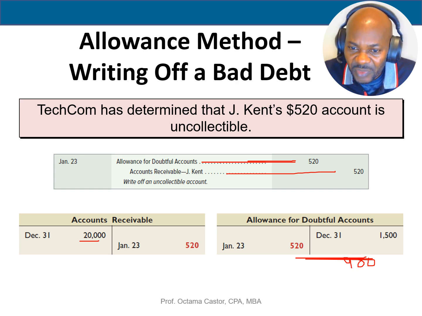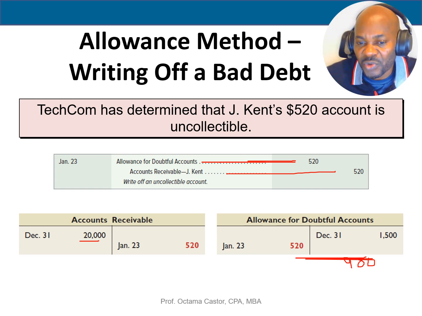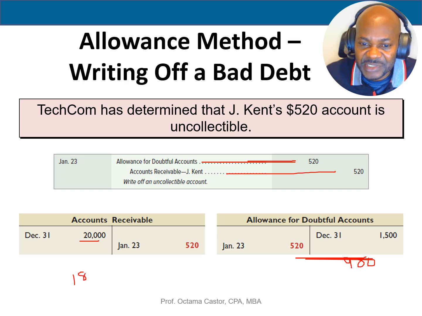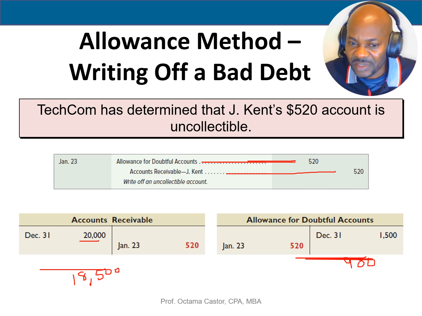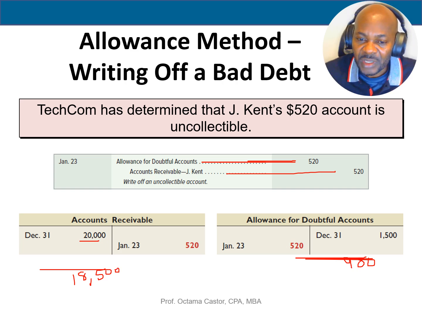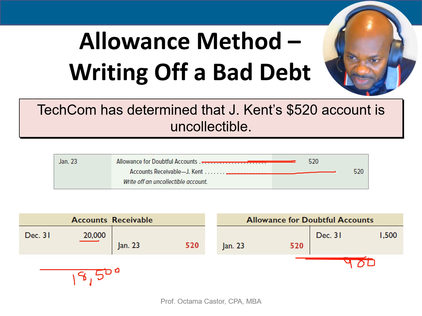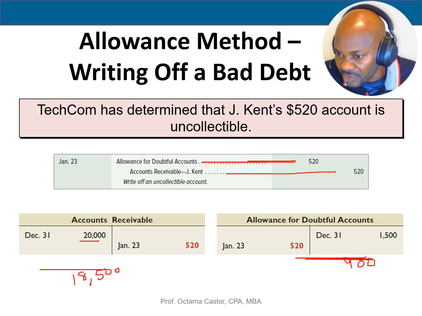And then, if you try to look at your accounts receivable net value before the write-off and after the write-off, you see it's still $18,500. So your write-off entry does not impact the net realizable value of your accounts receivable. Before the write-off entry, you had $20,000 minus 1,500 from the allowance for doubtful accounts.